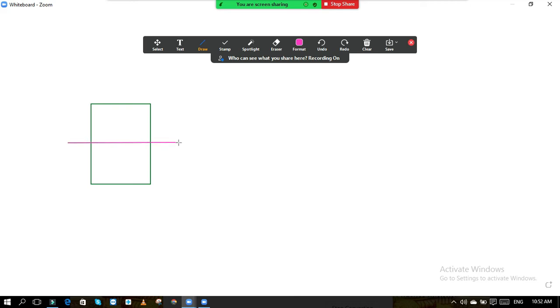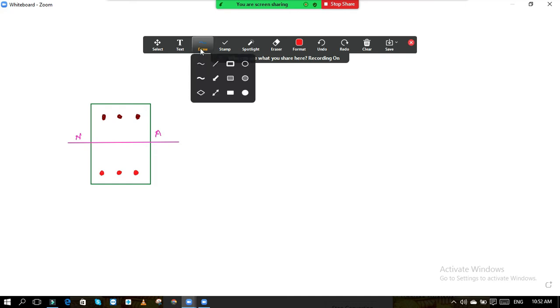This is the neutral axis. These are the steel bars which are in compression zone. And these are the bars which are in tension zone. So where is your Cu2 acting right now?